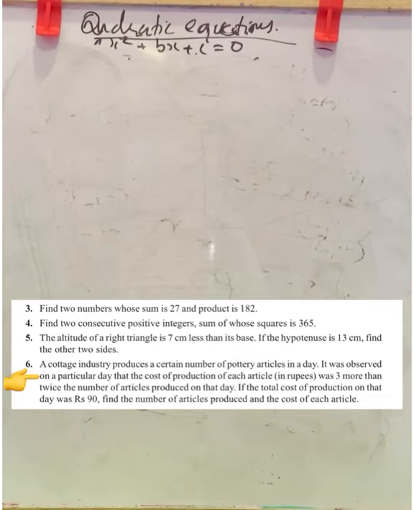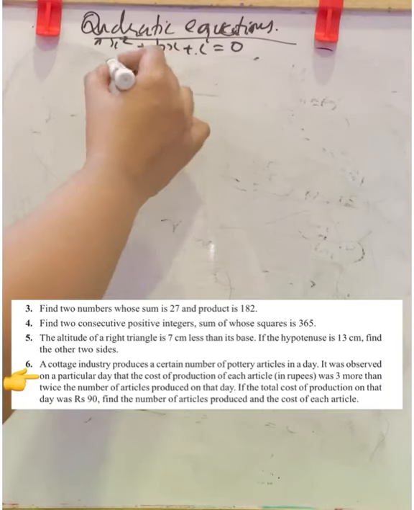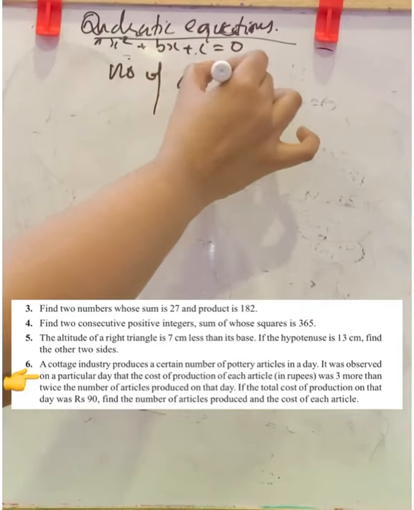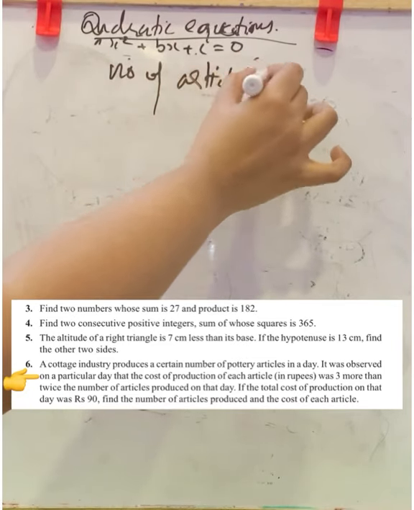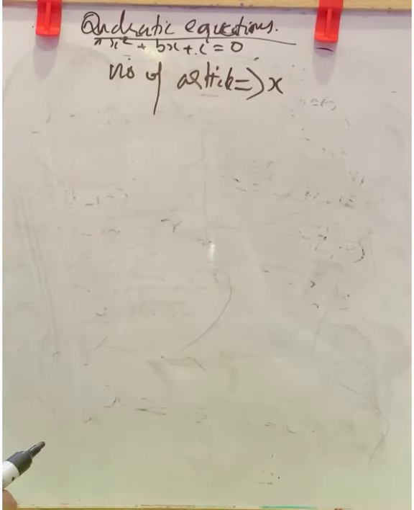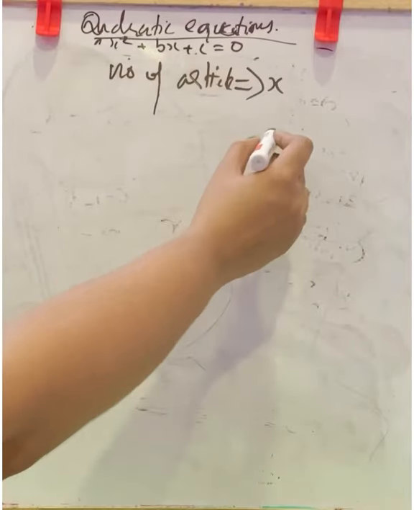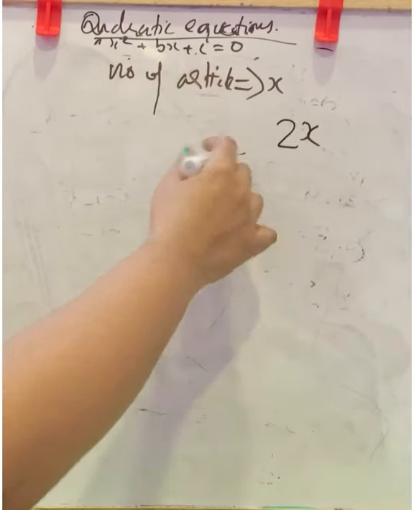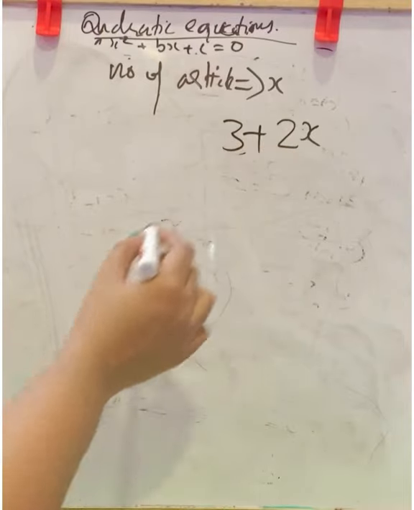We can take the number of articles produced to be x. Then it is given that the cost of production is 3 more than twice the number of articles. Twice the number of articles means 2x, and 3 more than means plus 3.